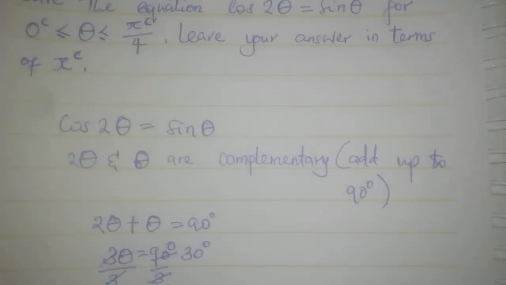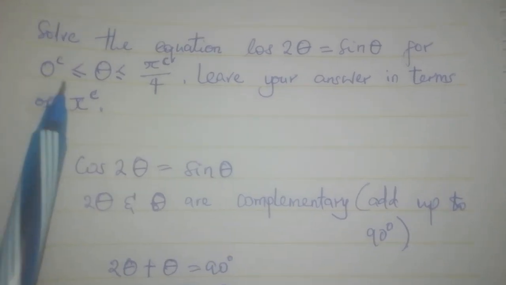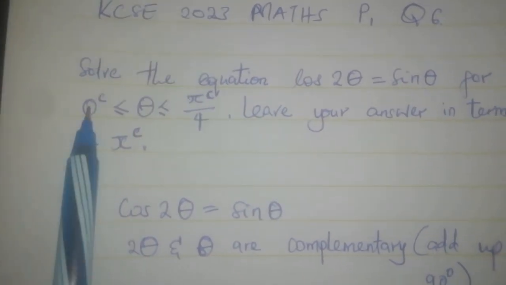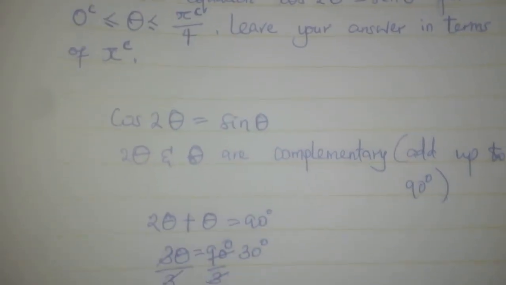Then from there, we are going to find the angle in which the ratio satisfies the range that we have here. For us to find that, we use the unit circle.